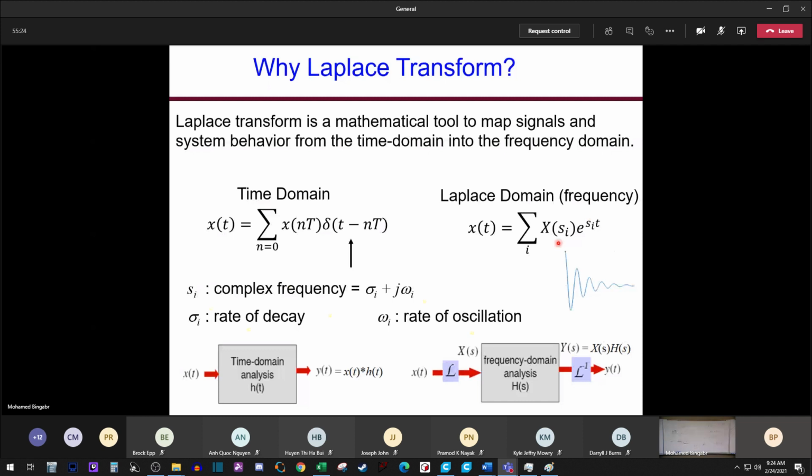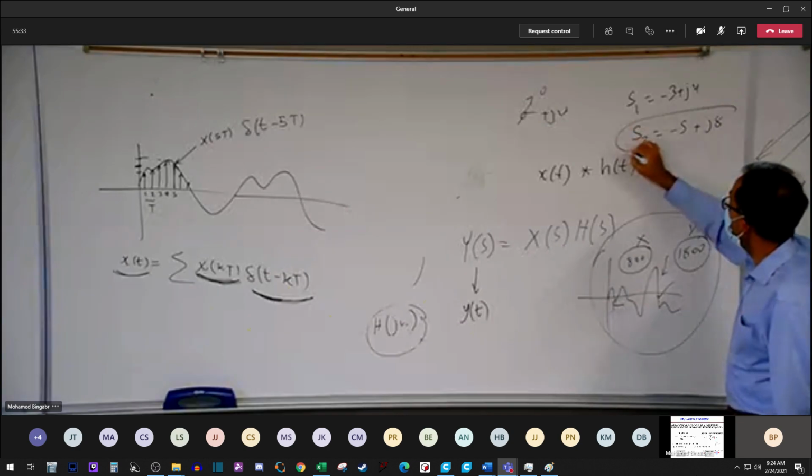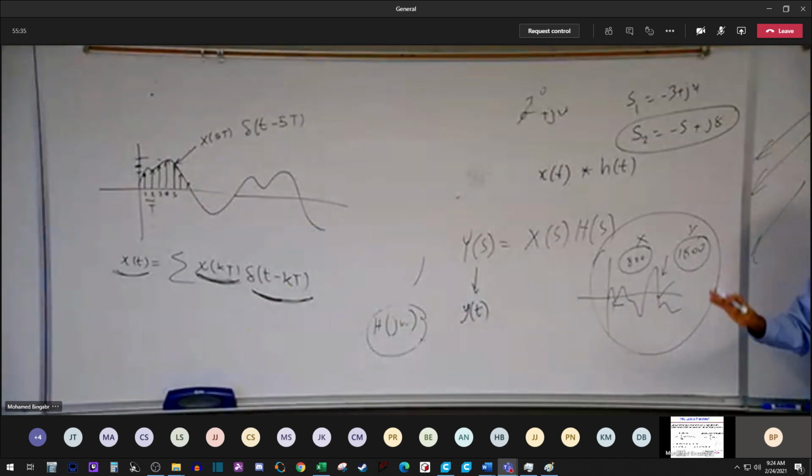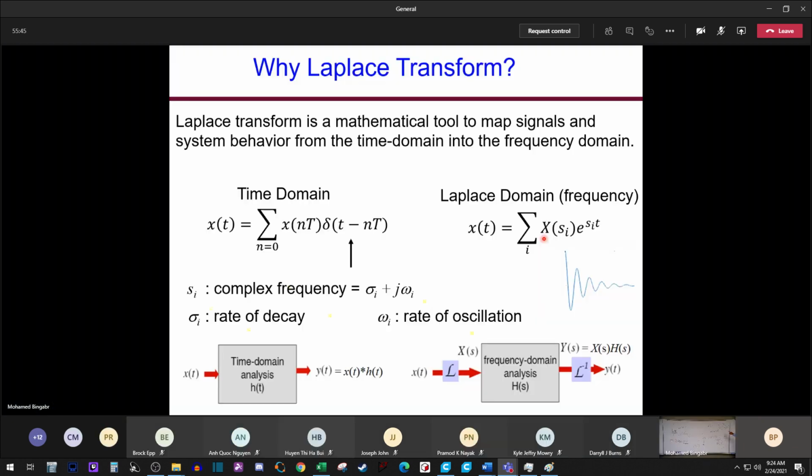If I have a frequency which is noise I want to suppress, somehow I don't want this, it doesn't interest me, then the system you will be designing will suppress this frequency. That means that frequency, whatever its strength was, maybe 10, it could make it just 0.